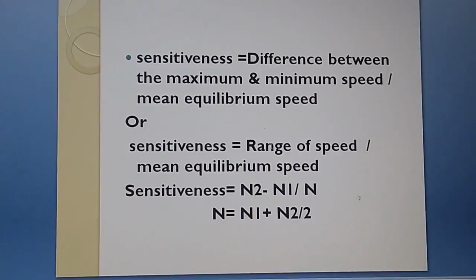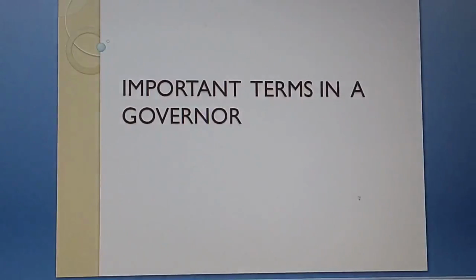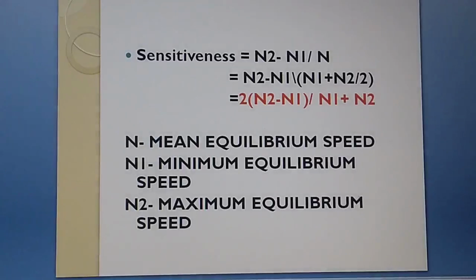So sensitiveness is otherwise known as range of the speed divided by mean equilibrium speed, and range of the speed is nothing but the difference of maximum and the minimum speed. So sensitiveness is (N2 − N1)/N, where N is the average speed, which we can write as (N1 + N2)/2.